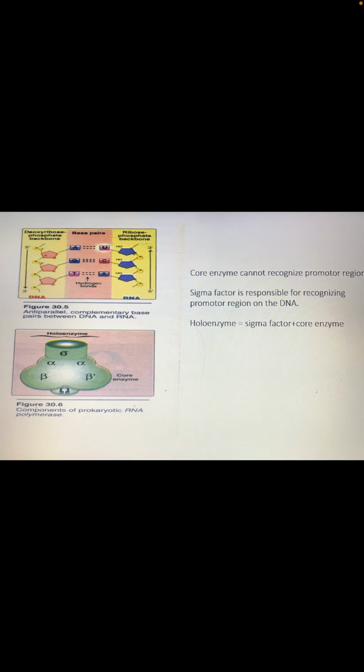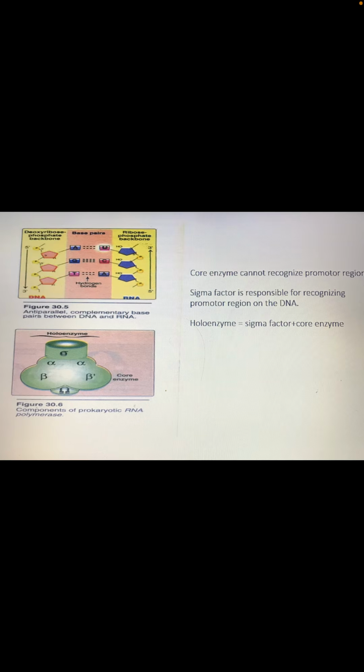It has a complex consisting of two identical alpha subunits, similar but not identical beta and beta dash subunits, and an omega subunit. Beta is thought to be a catalytic subunit. So overall it is called a metalloenzyme.